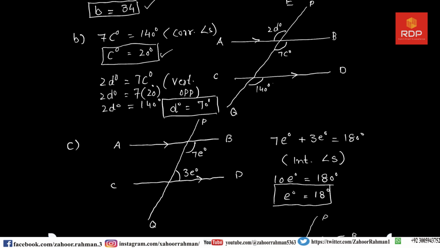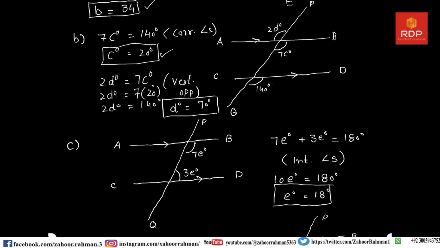If you bring this line to overlap above this line, then this angle will exactly be the same as this angle. So we write 7c degree is equal to 140 degree, and the theorem is corresponding angles.